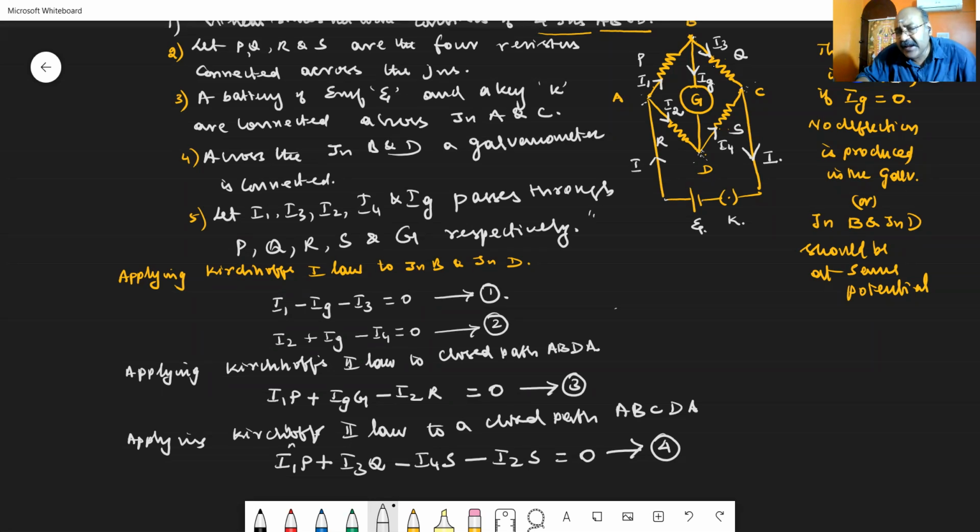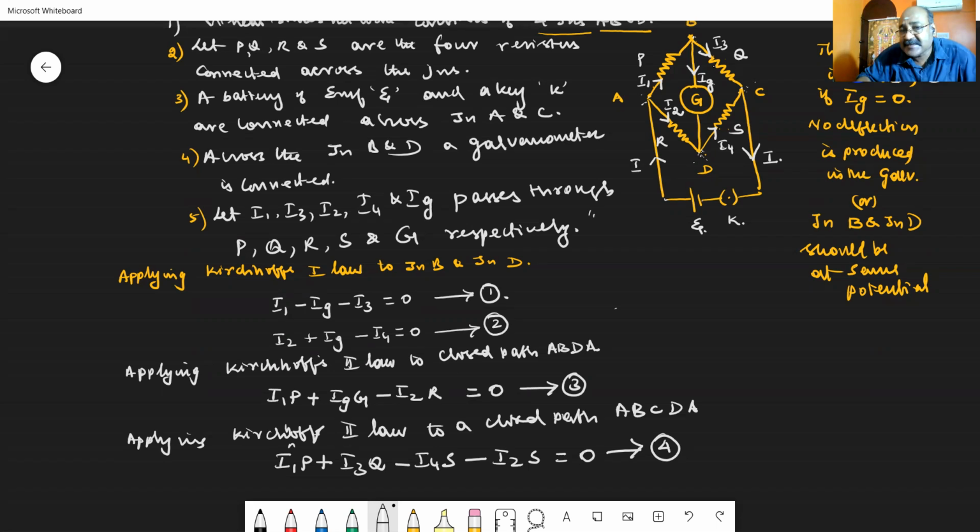Then B to C. Direction of path is B to C. Direction of current is also B to C. So path and the current are in same direction. So product of current and resistance is again positive. I3Q. And in the third arm, that is C to D, the direction of current is opposite to the direction of path. So the product is negative. So I am writing minus of I4S.